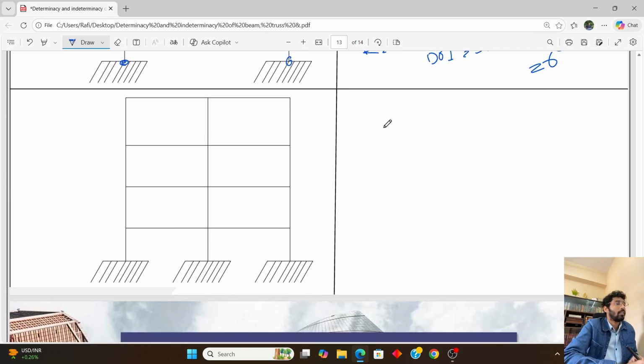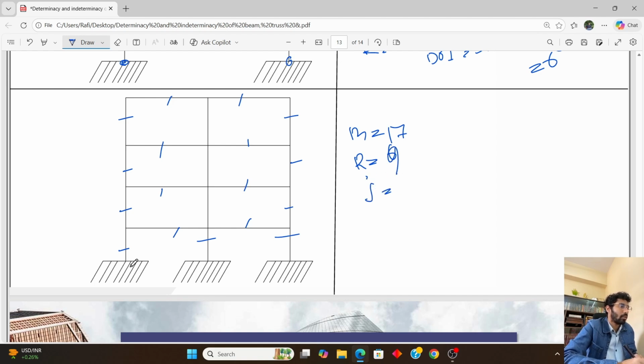And if we look at the last problem of our frame, that will be 1 2 3 4 5 6 7 8 9 10 11 12 13 14 15 16 17. So the number of bars will be 17, and the number of R will be 9, as there are 3 fixed supports here.